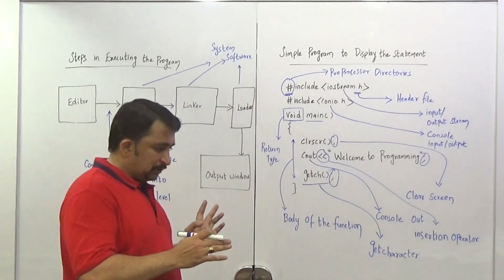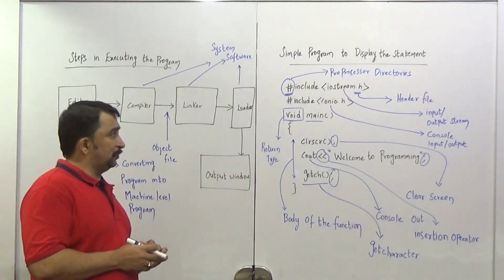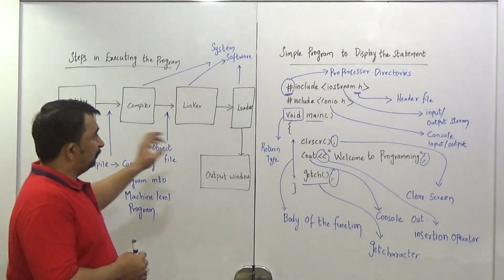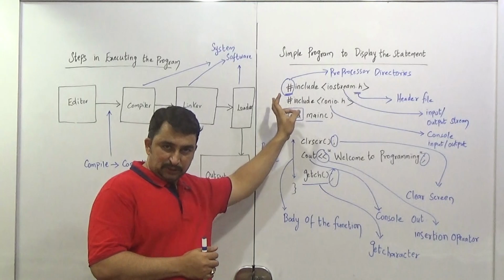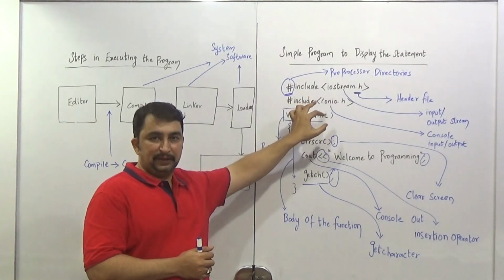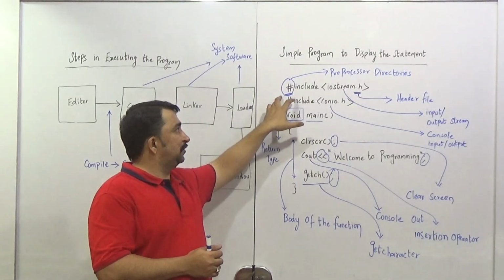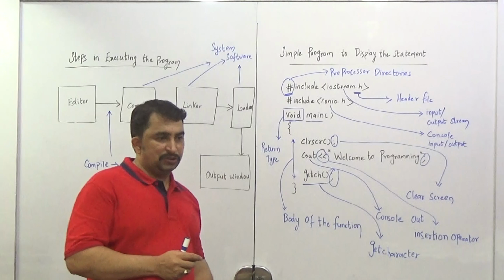Now I'm coming back to this same concept, relating it to this program and how it will compile. It will start compiling right from the beginning, the first character. That means this will be converted into machine language from the first character. The first thing it receives is the preprocessor directive.